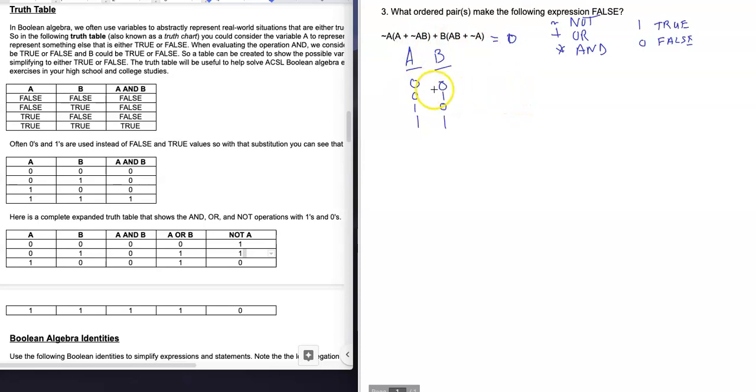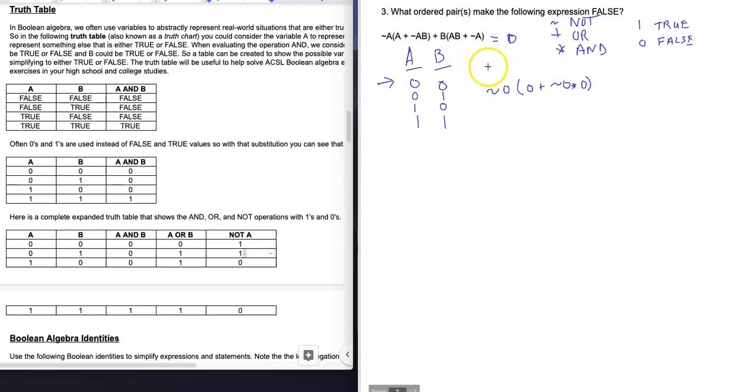So the first scenario is both variables A and B are false. So rewriting all of that original expression: the not of false times, in parentheses, the false plus the not of false times B. I'm going to use a little asterisk here to show that there's multiplication going on.